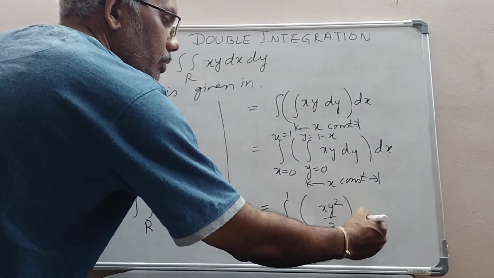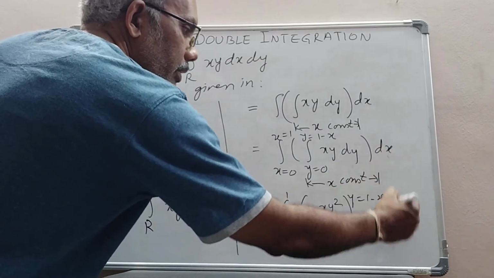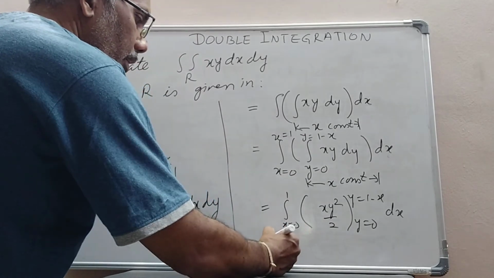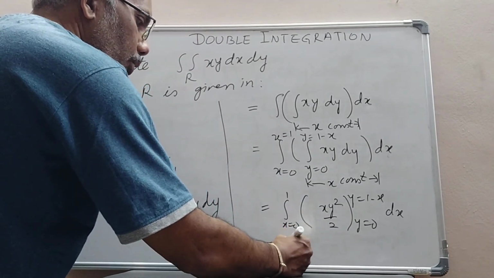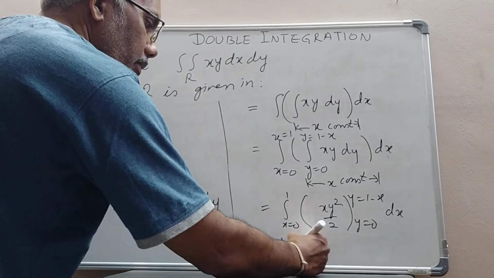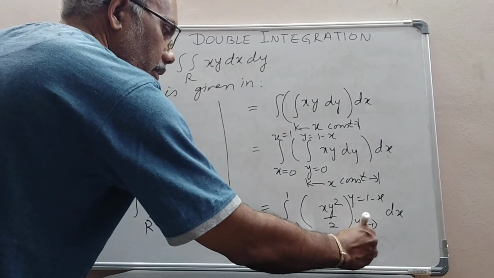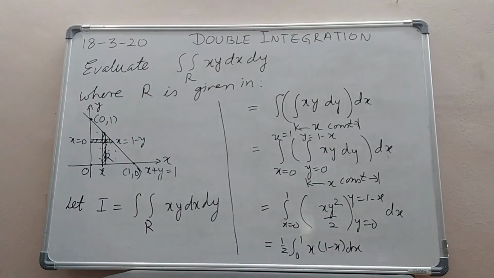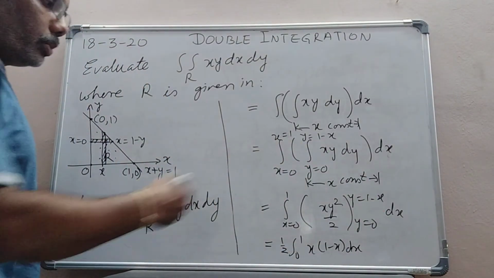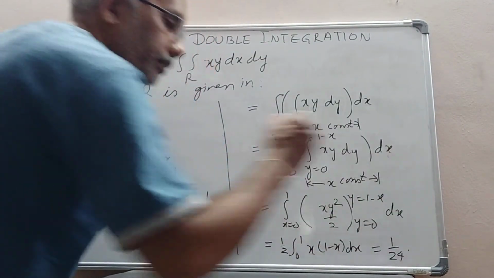Substitute the limits, y from 0 to y equal to 1 minus x, and then you integrate with respect to x. This is equal to 1 by 2. The lower limit is going to give you nothing. The upper limit will give you x times (1 minus x) squared. If you just do this, you will get the same answer, 1 by 24.